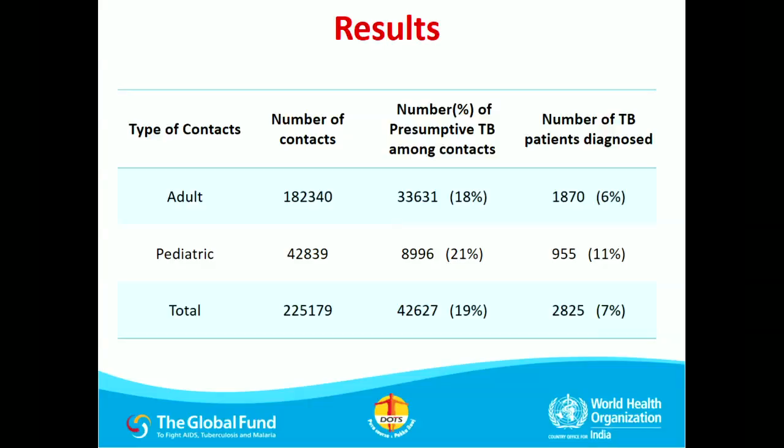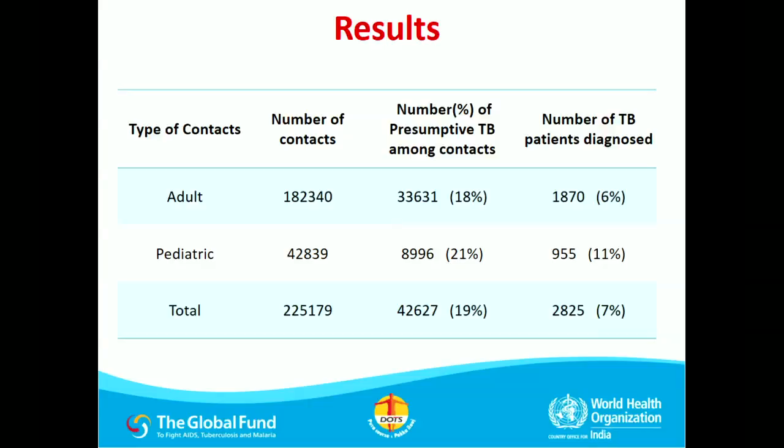And out of those, 19%, that is 42,627, were presumptive TB cases. And 7% out of them, that is 2,825 TB cases, were found out of this contact tracing exercise in 2015.